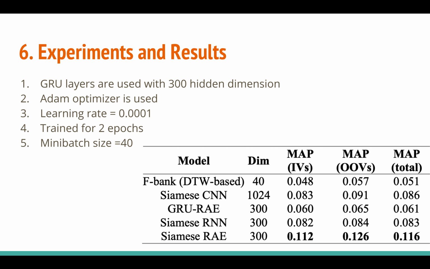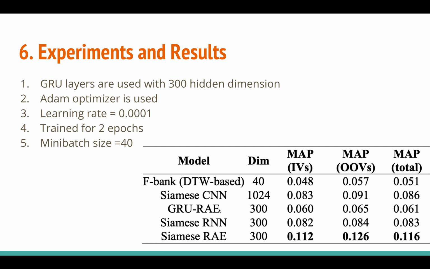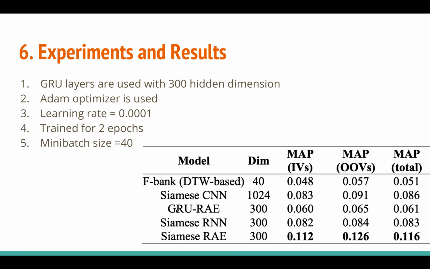On their Chinese test data, they have results for different models which were published previously. This is a normal DTW based network, and there is another CNN based network. There is GRU RAE, but it's not Siamese, it's just a recurrent autoencoder.